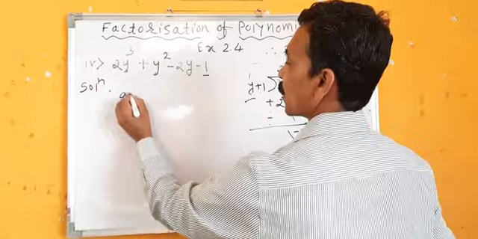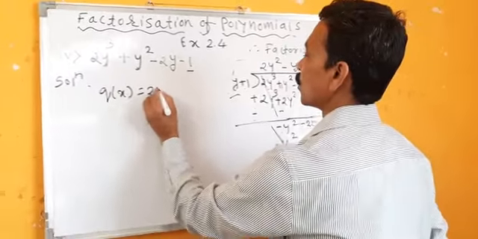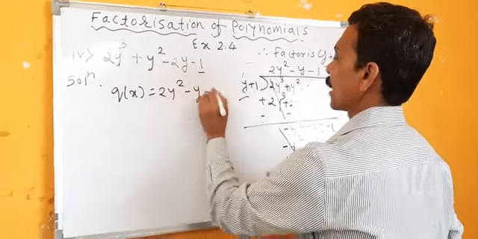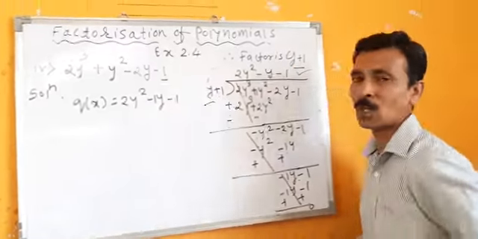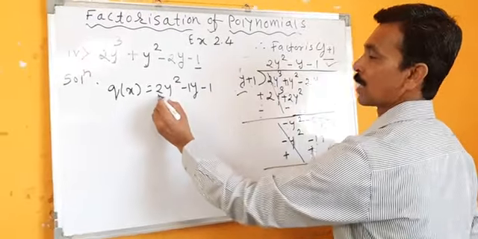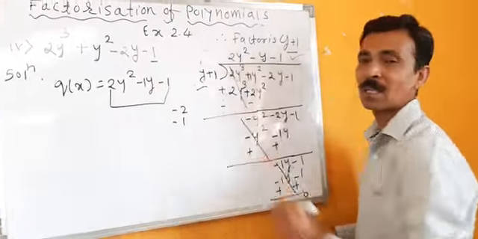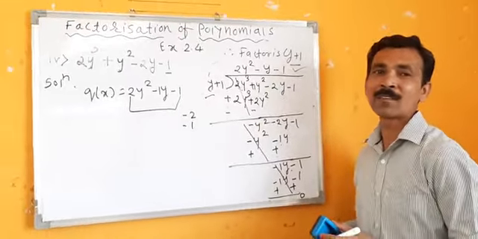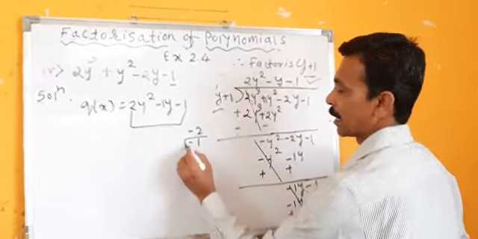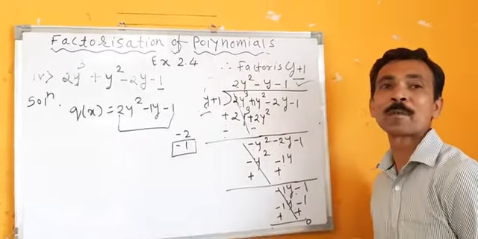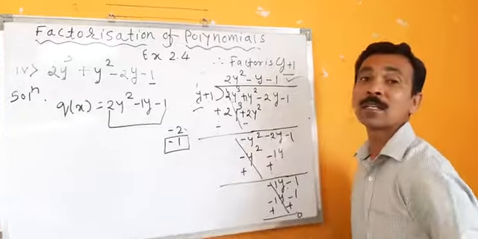I will write here q of x is equal to 2y square minus y minus 1. Minus y means what? Minus 1y. Multiply. What is 2 into minus 1? Minus 2. What is the middle term? Minus 1. You have to find the factors such that middle term should be minus 1 and product should be minus 2.